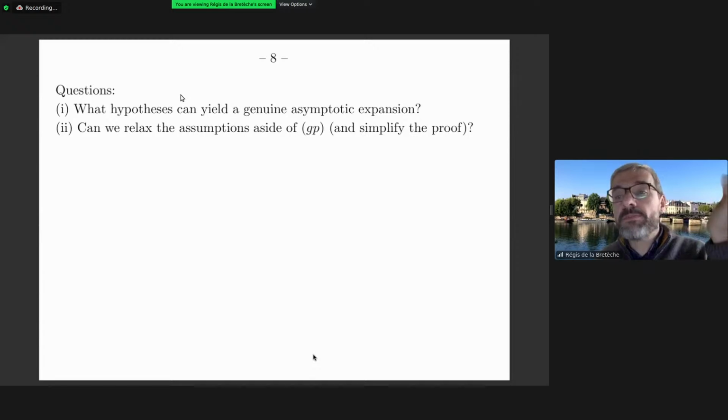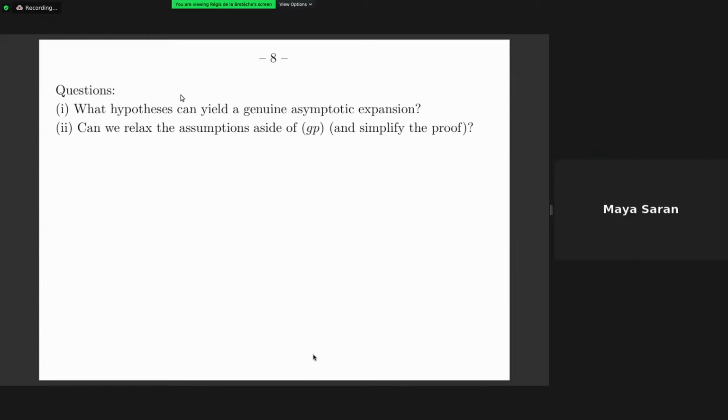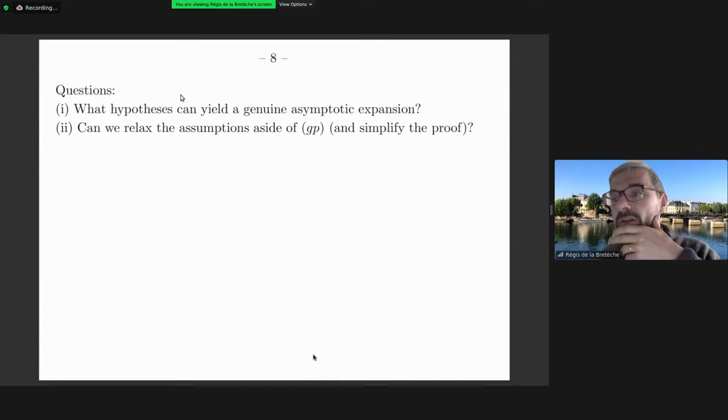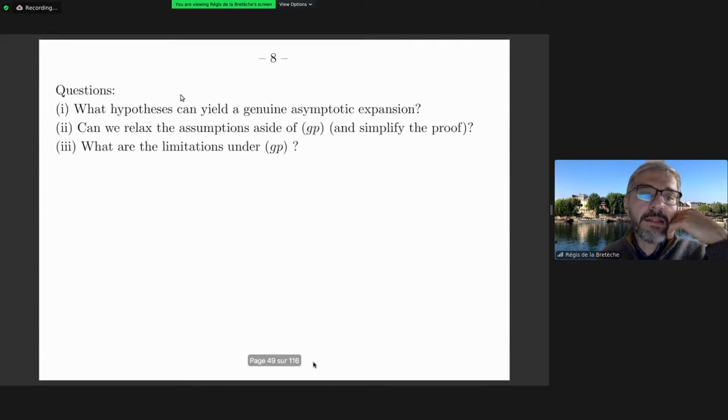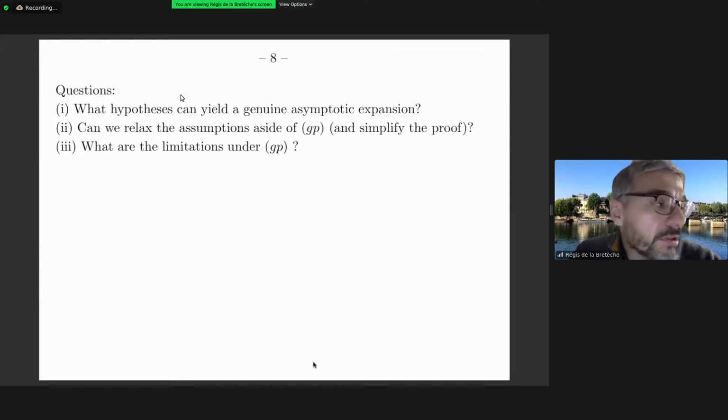I mean, for example, the assumption such that f needs to be less than tau of r. And can we also simplify the proof of Granville and Koukoulopoulos? And is there some limitation under GP? I mean, is there some counterexample which can show that we cannot prove a better error term?